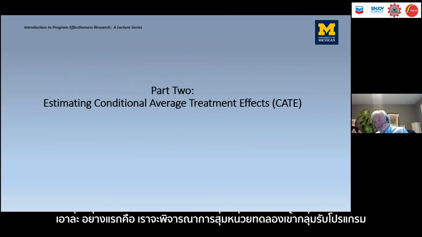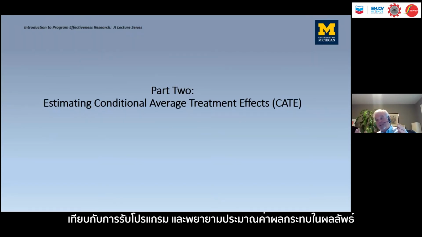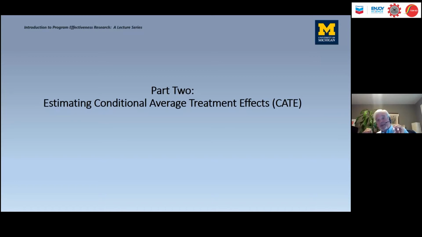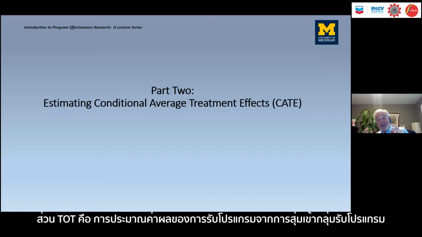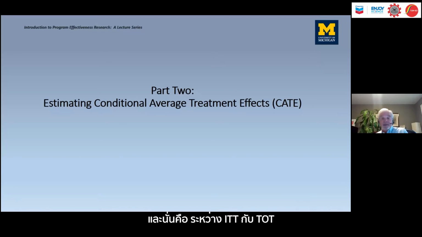So the first thing is we're looking at assignment to treatment versus experiencing the treatment and trying to estimate the effects on outcomes. The ITT is estimating the effect of assignment to treatment. The TOT is estimating the effect of receipt of treatment given assignment to treatment. Okay, so that's the ITT versus the TOT.